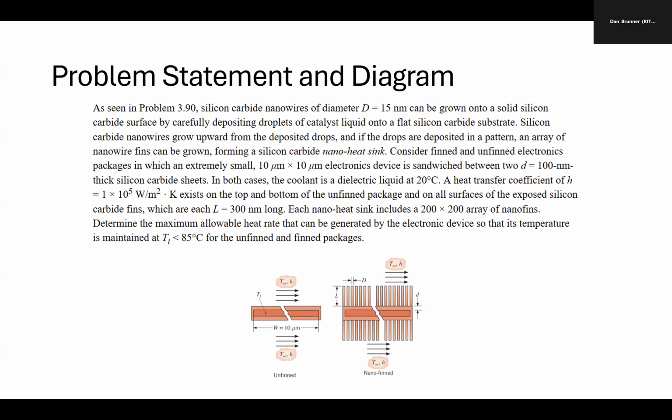And so this is an extremely small scale. And we're trying to find the maximum rate of heat generation that's allowed if the temperature of the computer chip must remain less than 85 degrees Celsius. So again, we'll be looking at this scenario without fins, and then again with fins, and we'll see how different those answers are.